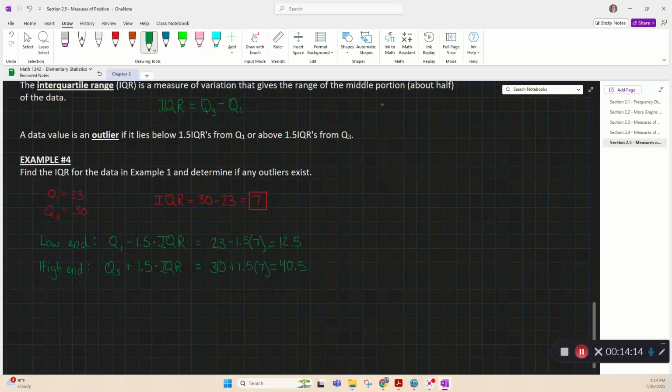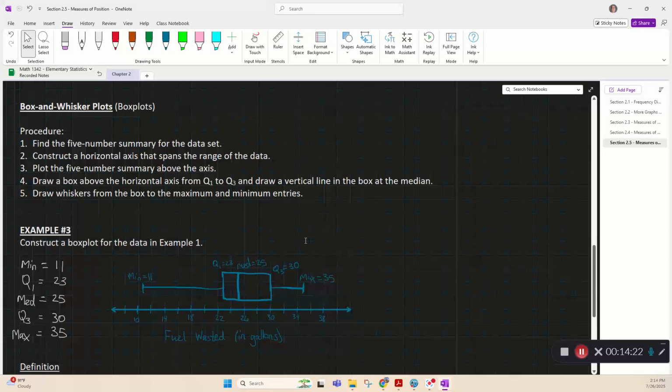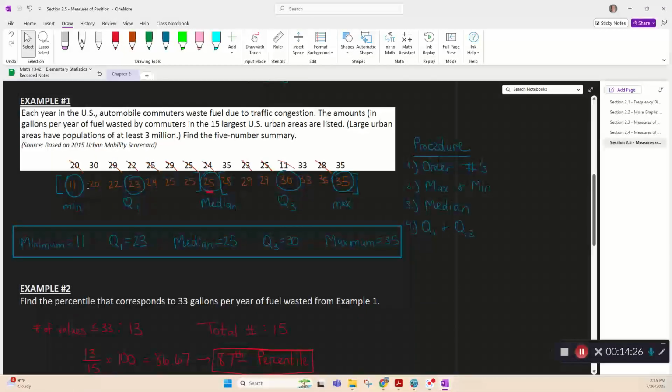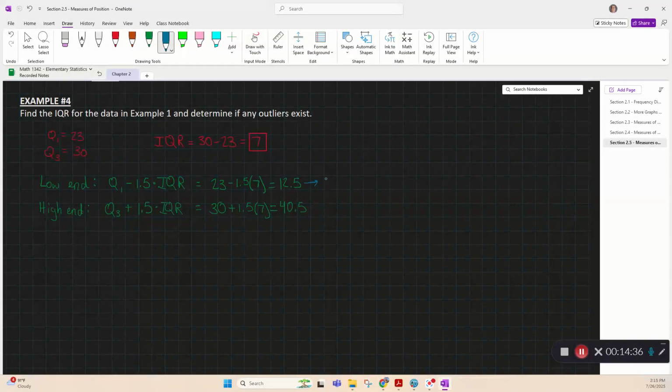Okay, so now that we know our boundaries, I have to look and see, are there any data points less than 12.5? So go up to where I put them in order. That's the easiest. Is there anything less than 12.5? Yes, 11. So that tells us that 11 is an outlier.